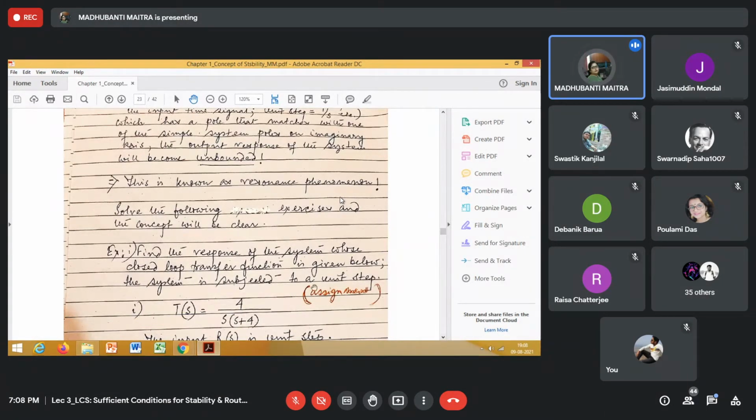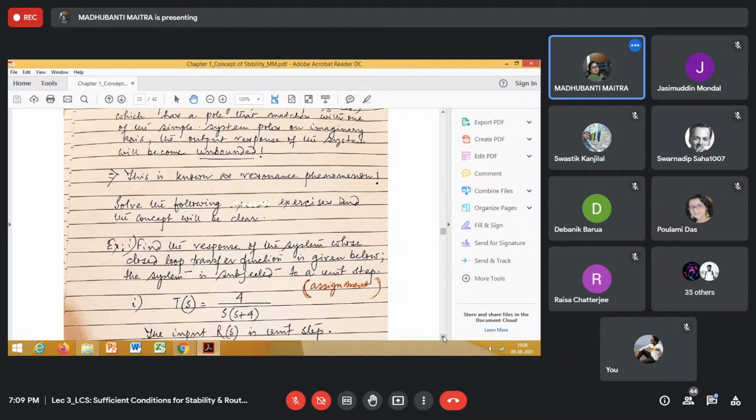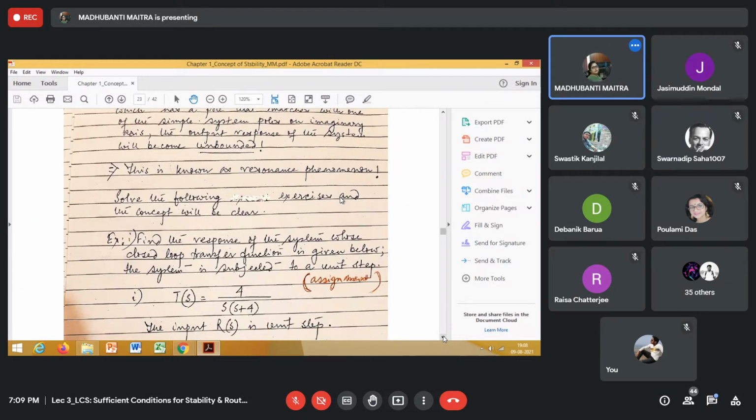So let's consider a system having a closed loop transfer function T(s) given by 4 by S into (S plus 4). Okay, let's note it down. That means C(s) by R(s) is equal to 4 by S into (S plus 4).